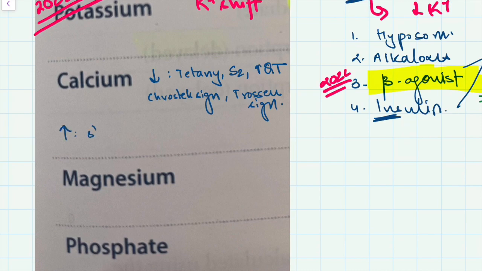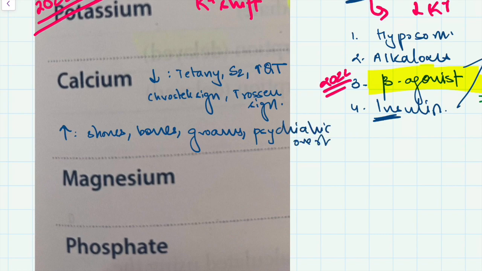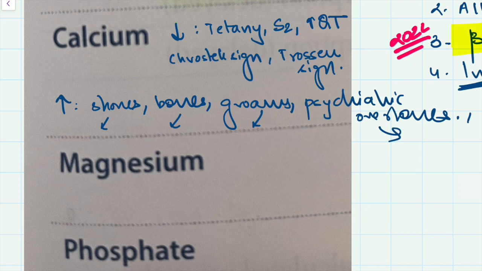Hypercalcemia is associated with stones, bones, groans, psychiatric overtones, right. That is renal stones, bone pain, abdominal pain, then anxiety, altered mental status, and one more point, thrones, which is increased urinary frequency.